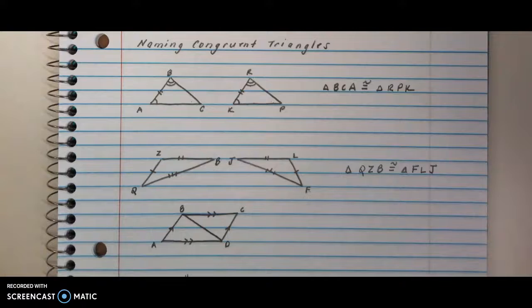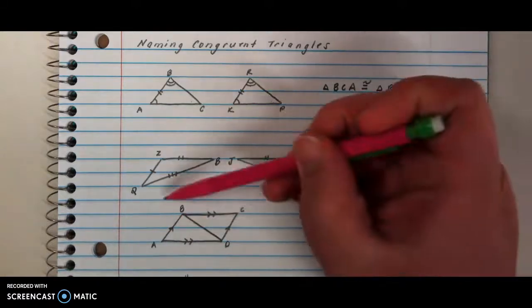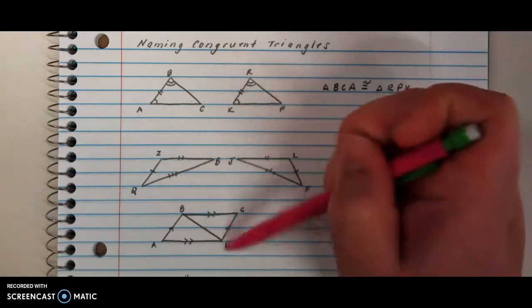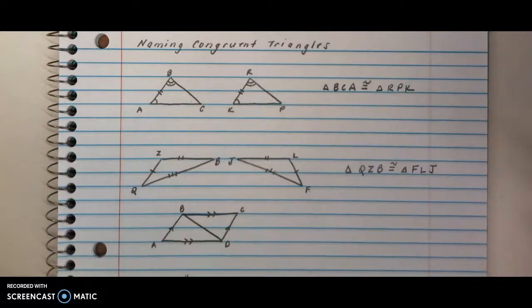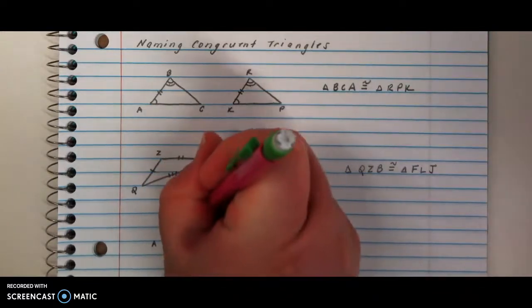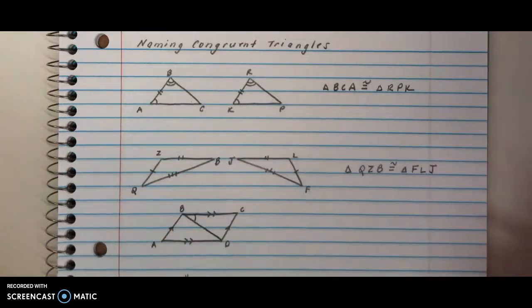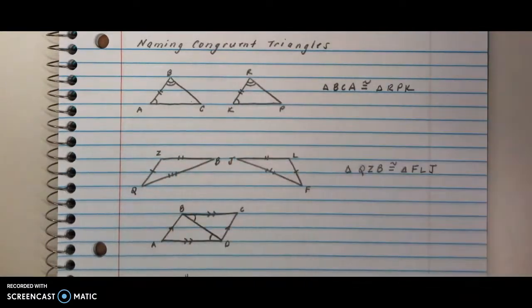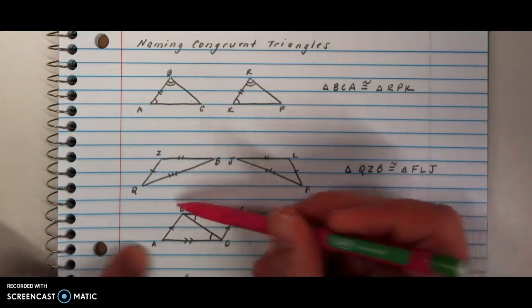We also know that if we have something cut by a transversal, that alternate interior angles are congruent. So for instance, let's say that we mark this here. That would have to be congruent to this down here because of the alternate interior angle theorem between these two lines.